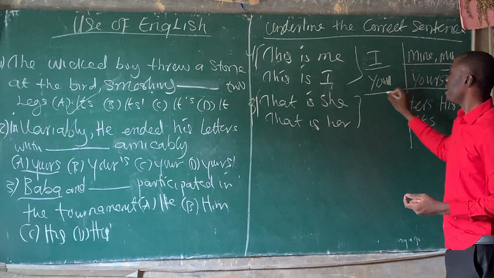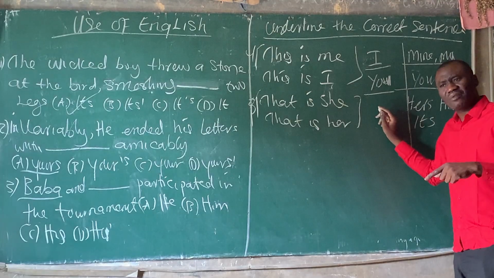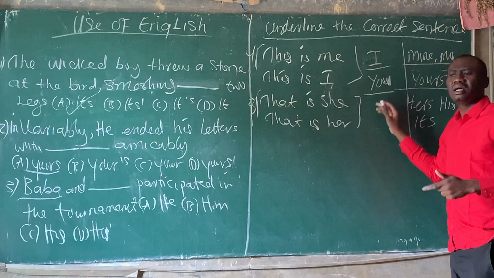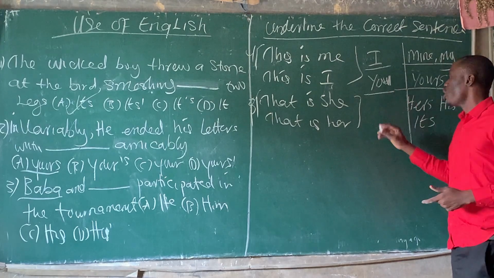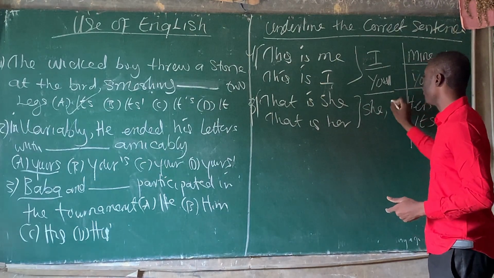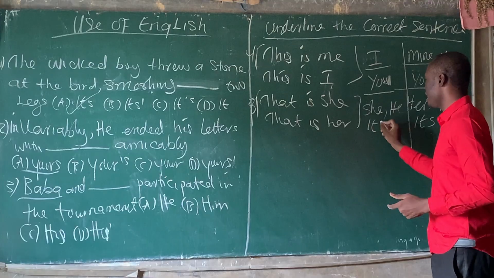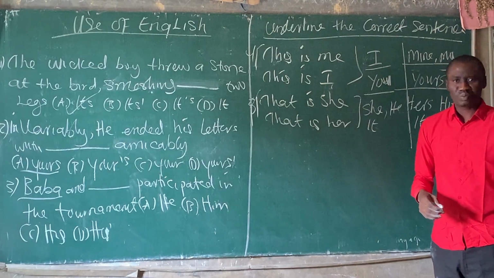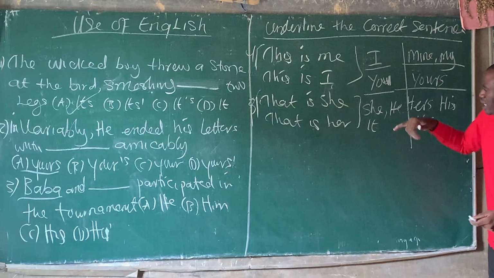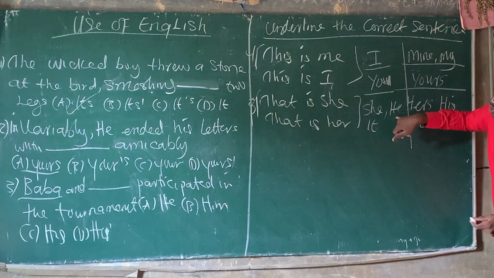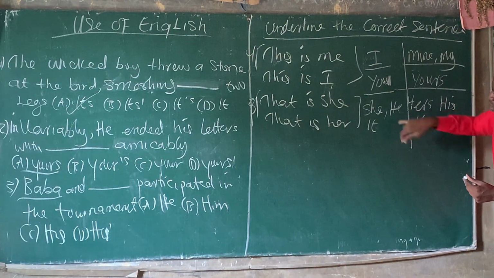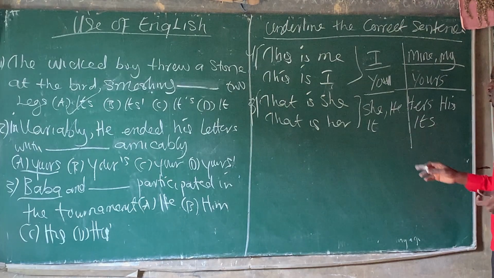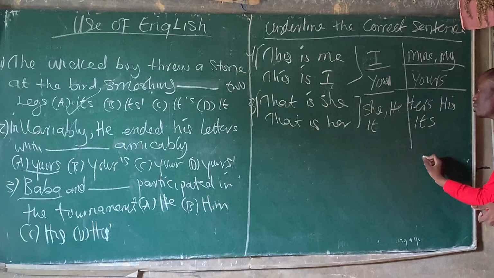Then, at the third person singular, at the subject level, you have she, and you have he, and you have it. It's in your notes. I gave you that. Now, which one should it attract? Should it be he? Because at the object level for the third person singular, this she will become what?